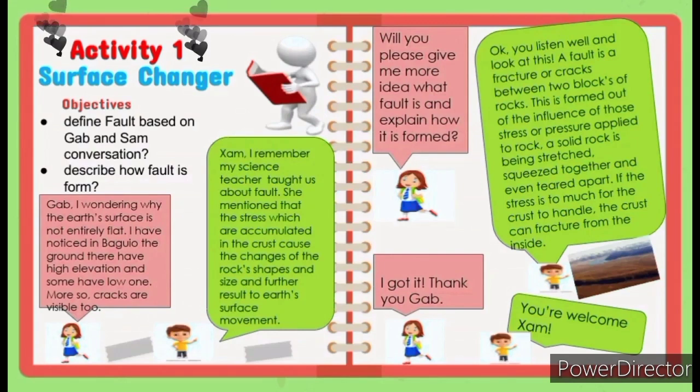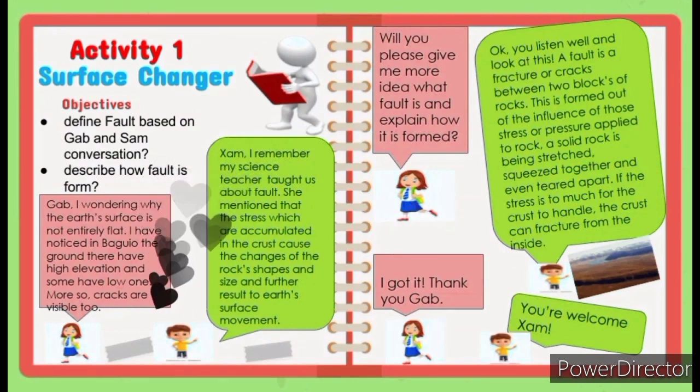Activity number 1, surface changer. Objectives: define fault based on Gab and Sam's conversation, and describe how fault is formed. Here's a comic strip, a conversation of Gab and Sam. According to Sam, Gab, I'm wondering why the Earth's surface is not entirely flat.